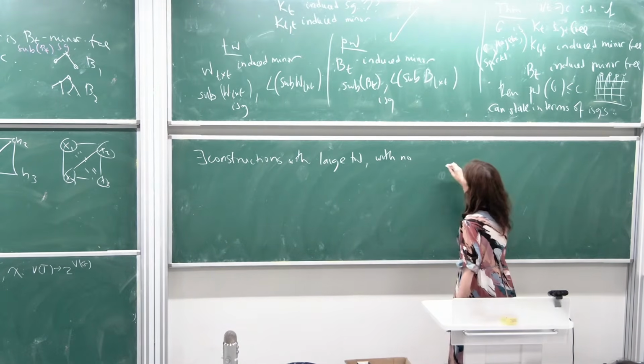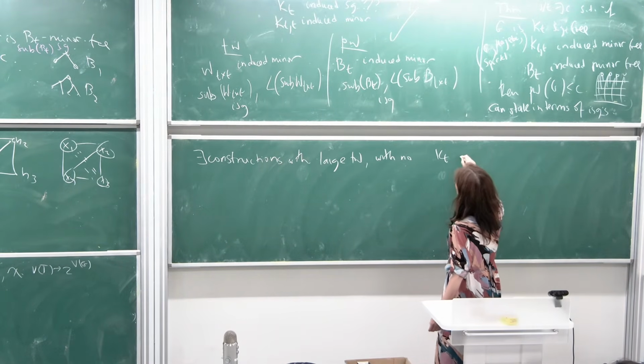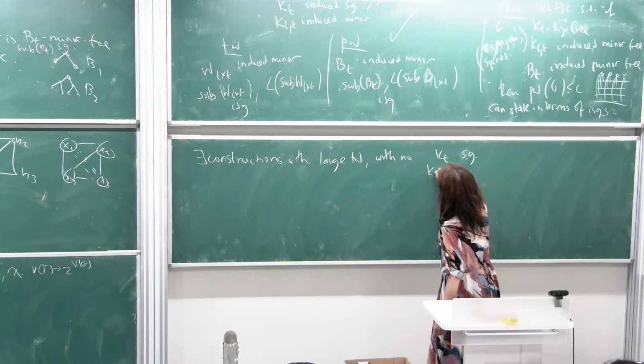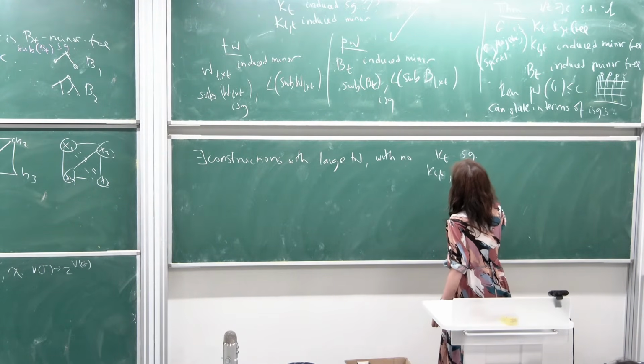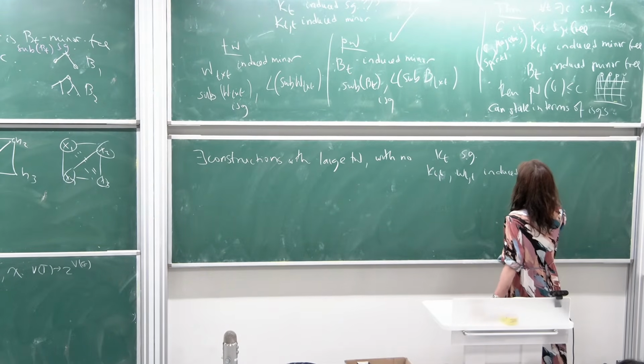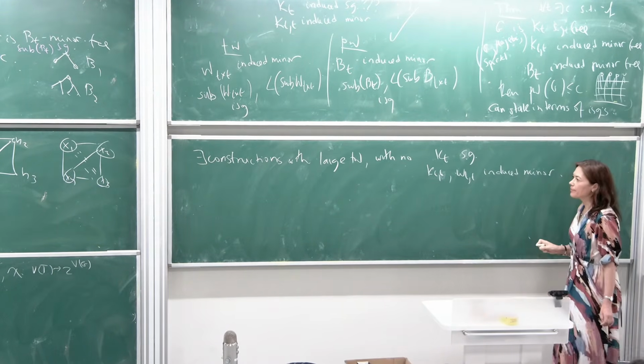Just write this again. K_t subgraph, K_{t,t}, and the rest.